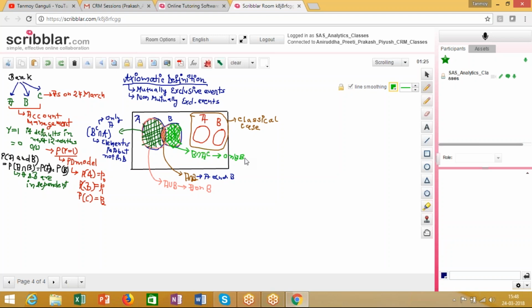the axiomatic definition draws its conclusions. So the first conclusion that it draws is for mutually exclusive events.